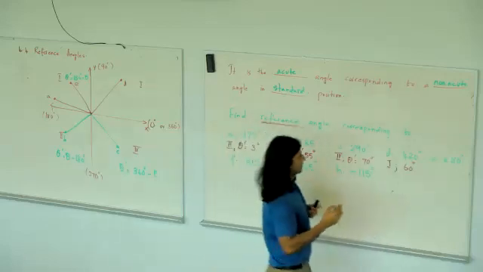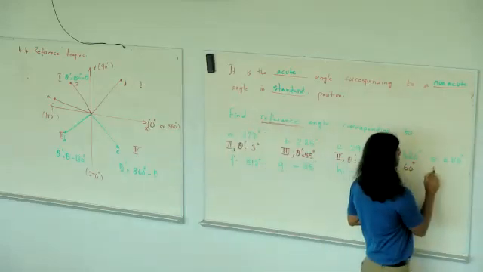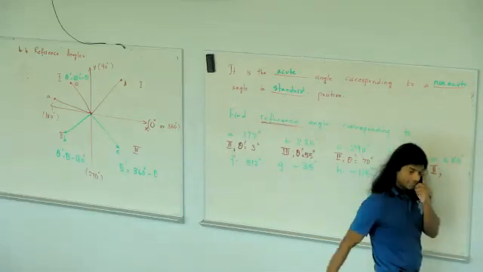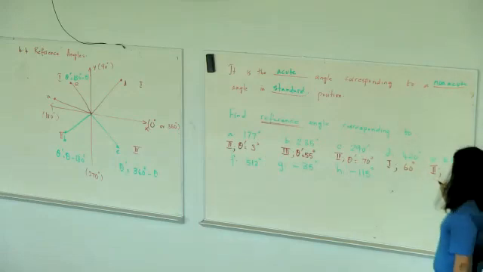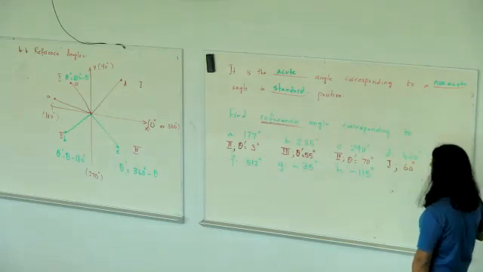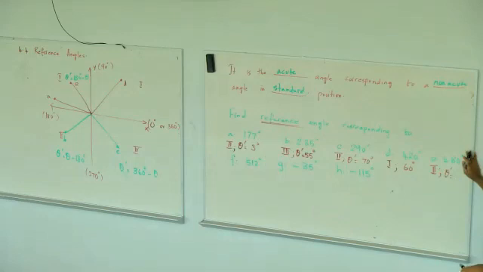Which quadrant does it lie in? Second. What formula would you use? 180 minus theta. Should you use 480 or 120? 120. Why?